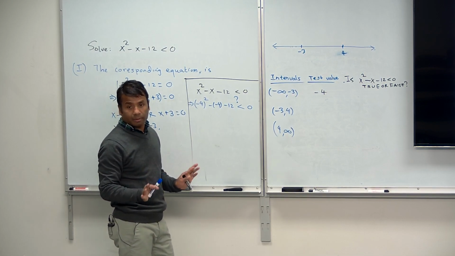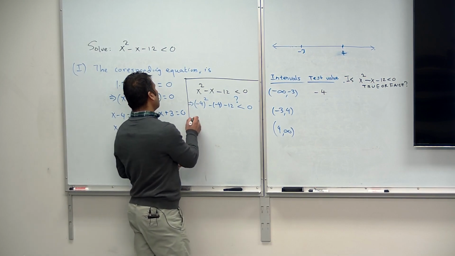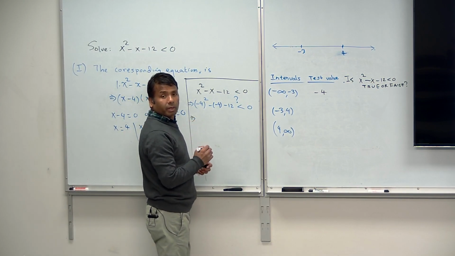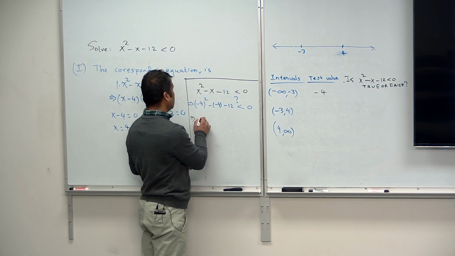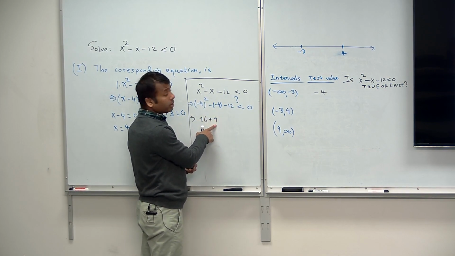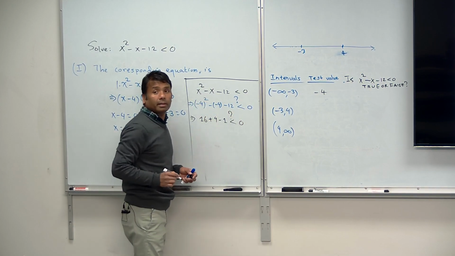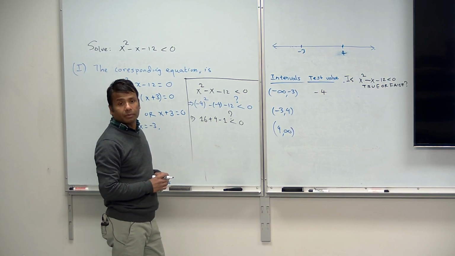I'm just checking. Makes sense? Okay, what is (-4) squared? 16. Yes. So this is 16 and this is plus 4, negative times -4 is positive 4, minus 12, less than 0, question mark. Right?